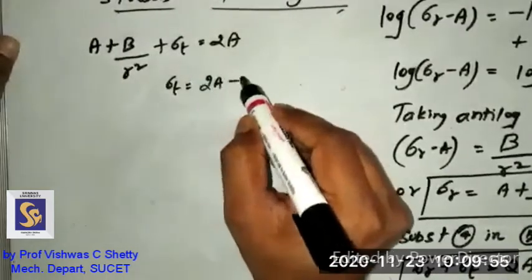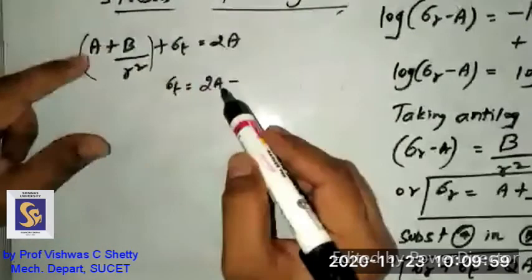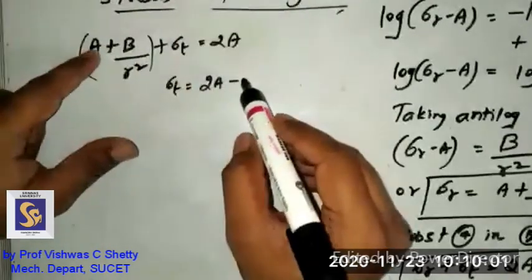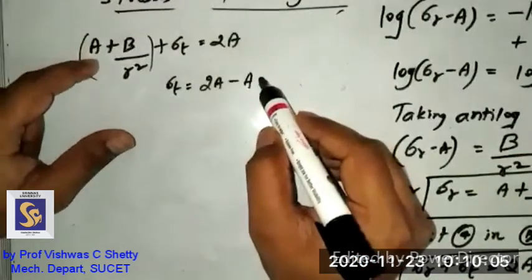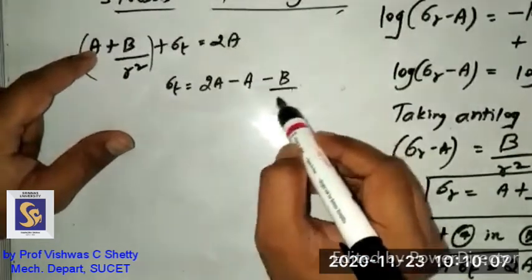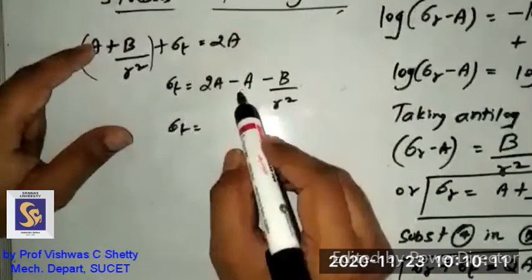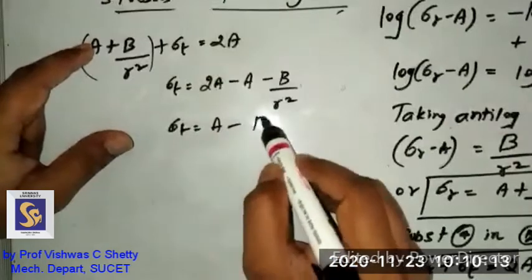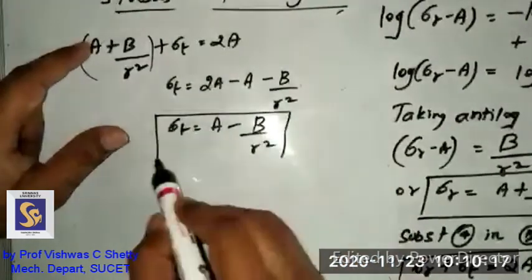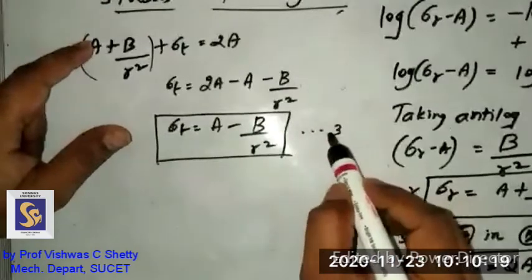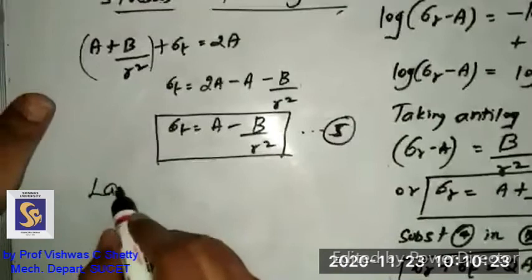If you take this term to the right hand side, sigma t will be 2a minus a minus b upon r square. 2a minus a will be a, so sigma t equals a minus b by r square. These two equations are called Lame's equations. So write down Lame's equations.